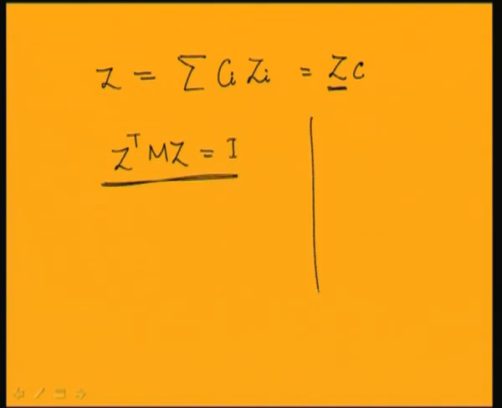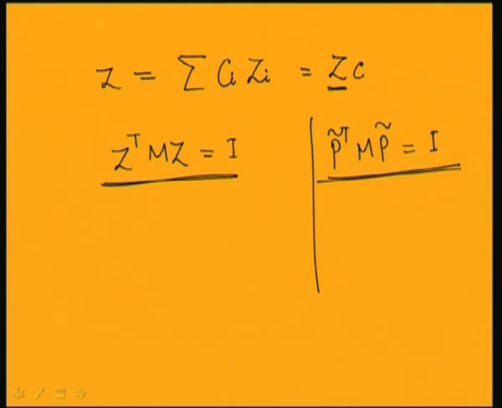Already you have seen similar cases in the weighted modal matrix. In the case of the weighted modal matrix P, P weighted modal matrix transpose M P weighted modal matrix was I. Here P was the modal matrix, and the weighted modal matrix was obtained from it.